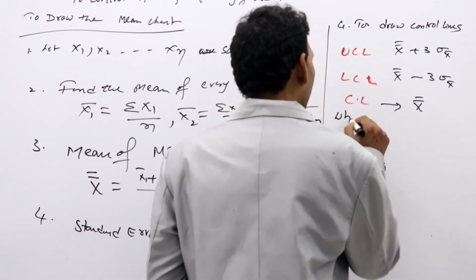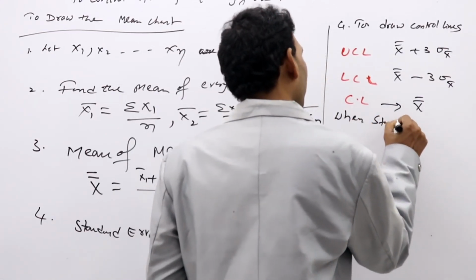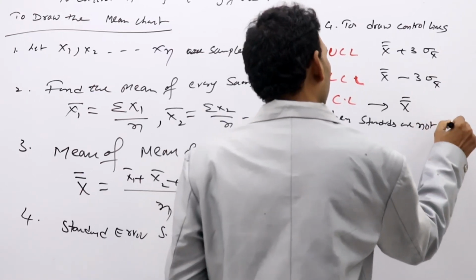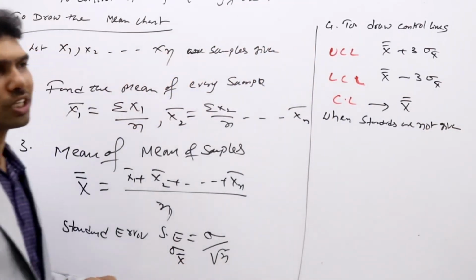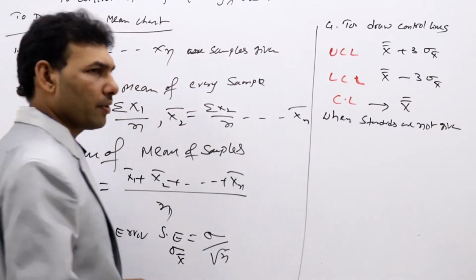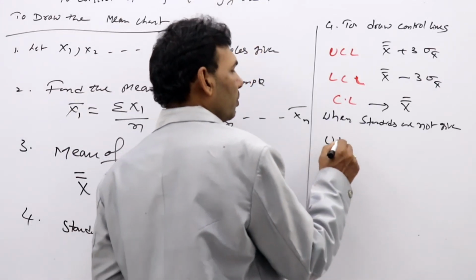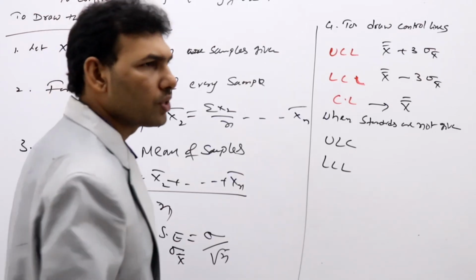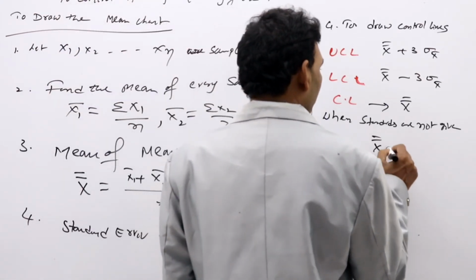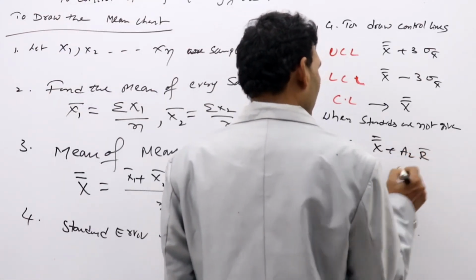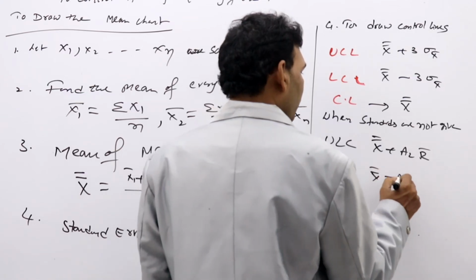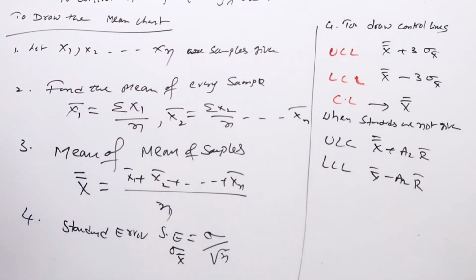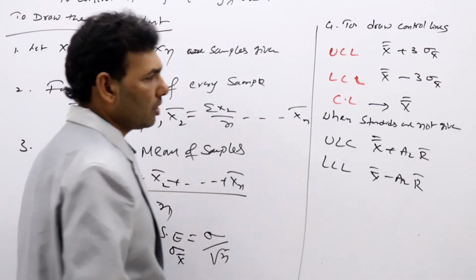When standards are not given, that means you don't know the sigma value, then we use this one. UCL is x double bar plus A2 R bar, where R is the range, and LCL is x double bar minus A2 R bar. Using this, you draw the mean chart.